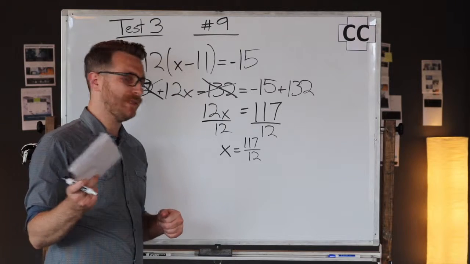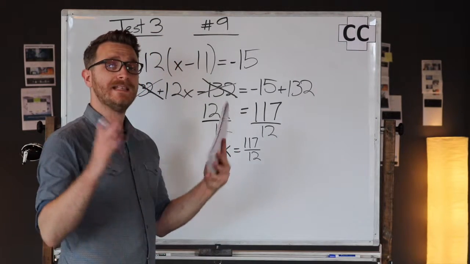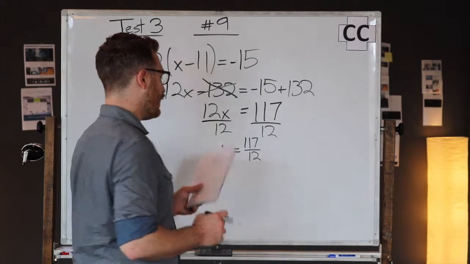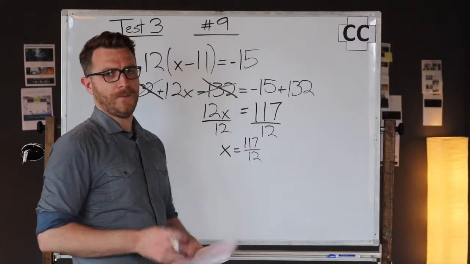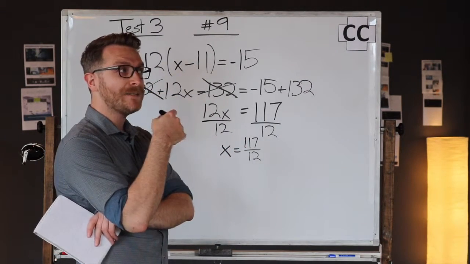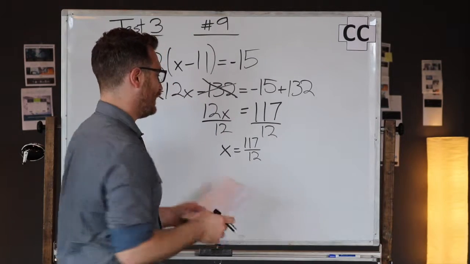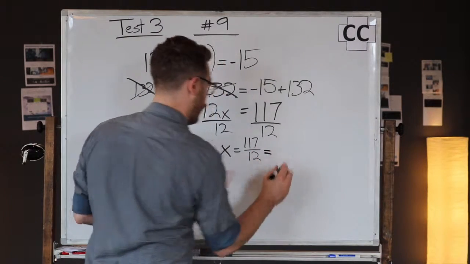But what I'm interested in is maybe I can reduce this down to a simpler fraction, and that is one of my answer choices. 117 is a pretty hefty number, but what is 12 divisible by? It's divisible by 6, 4, 3, and 2. If you try each of those out, is 117 also divisible by those?